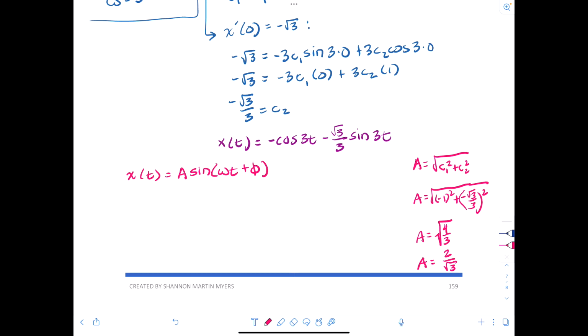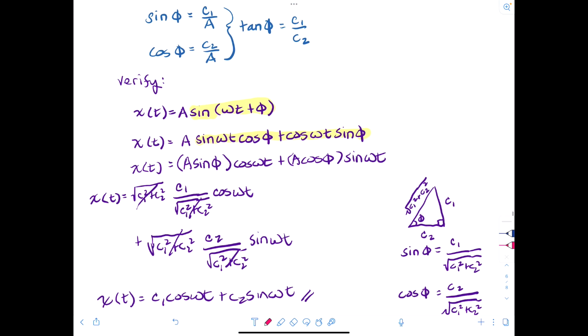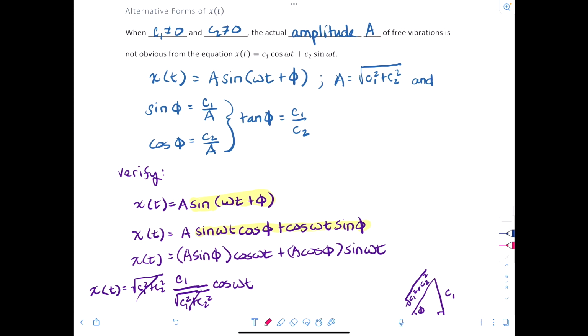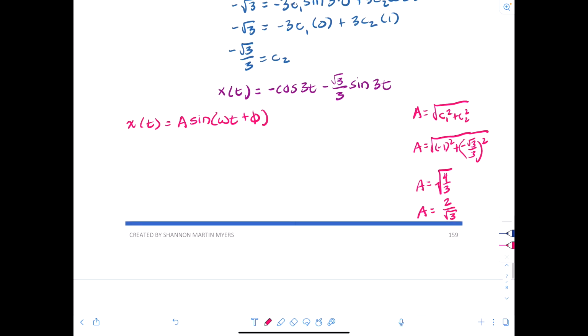Now, we know omega. Now we have to find phi, right? There are different ways you can find it, but remember tangent phi is the ratio of C1 to C2. You have to be a little careful, so we have tangent phi is C1 over C2.